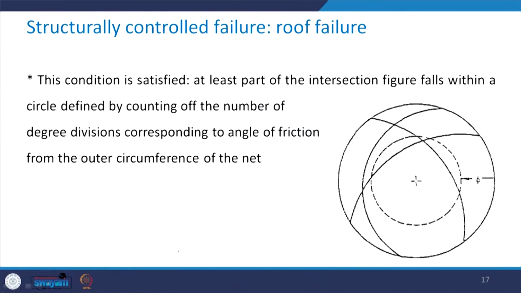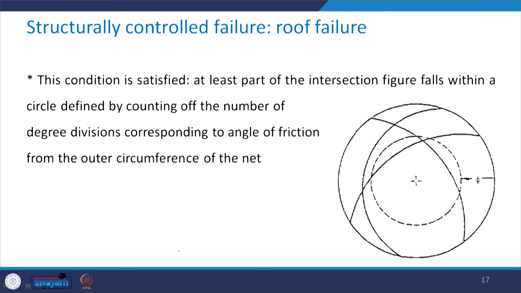See, this condition is satisfied when at least part of the intersection figure falls within a circle which is defined by counting the number of degree divisions corresponding to the angle of friction from the outer circumference of the net.